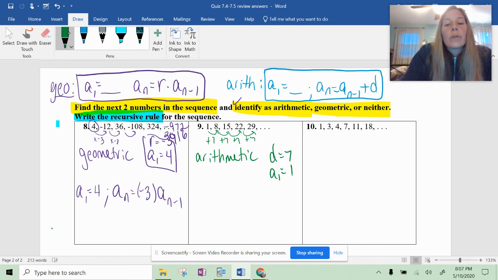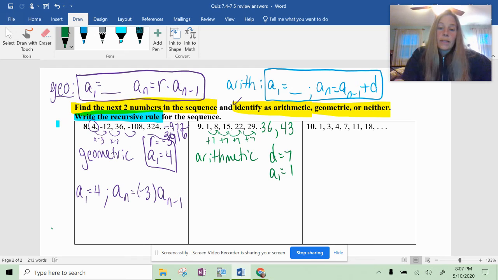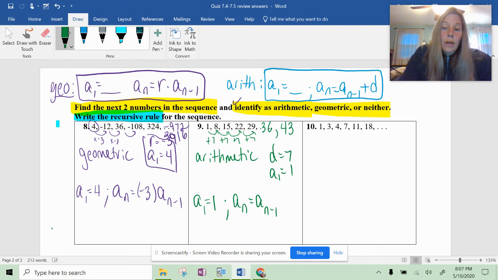So 29 plus 7 would be 36, and 36 plus 7 would be 43. So I've identified the next two numbers in the sequence. It is an arithmetic sequence. I have my common difference and my a sub 1, so now I can use my recursive rule. Make sure you give me that a sub 1. It's not complete without that. And then a sub n equals a sub n minus 1 plus 7.